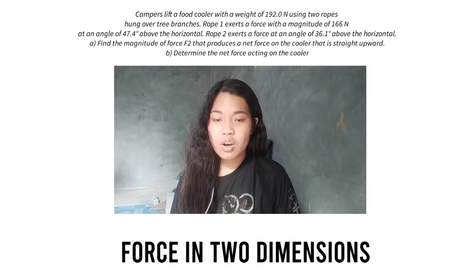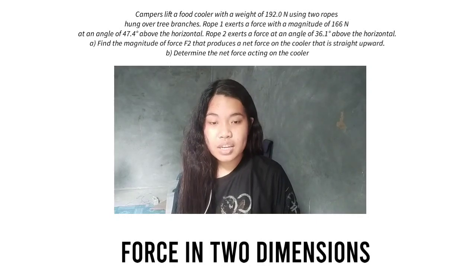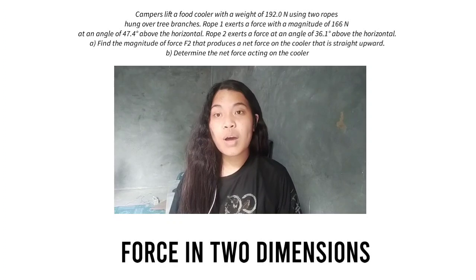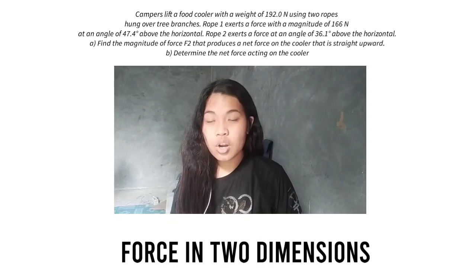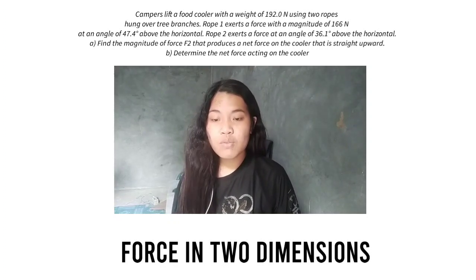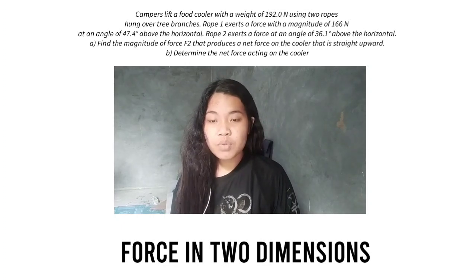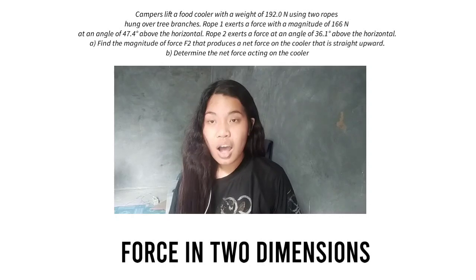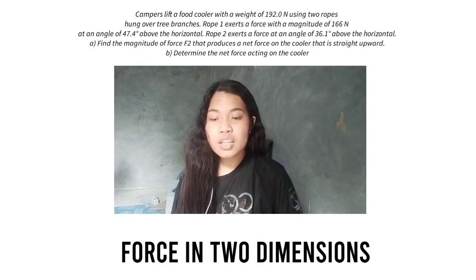Rope 2 exerts a force at an angle of 36.1 degrees above the horizontal. In this situation, we have 2 questions that we need to answer. First, find the magnitude of the force F sub 2 that produces a net force on the cooler that is straight upward. Second, determine the net force acting on the cooler.